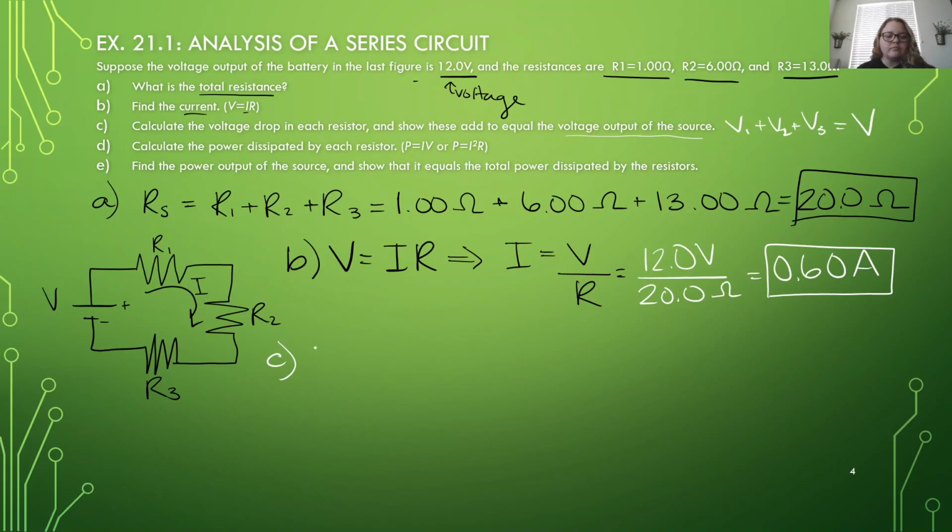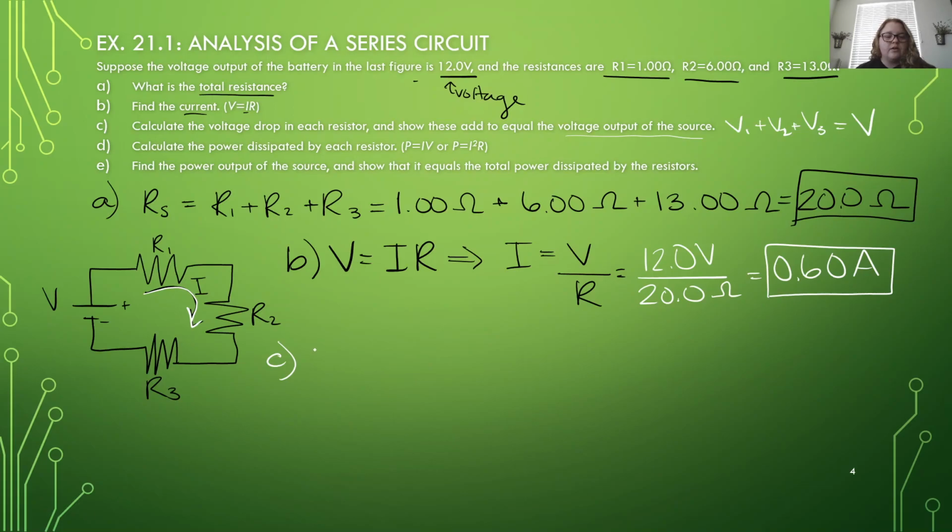So we have our resistance, we have our current. Our current will be the same throughout the entire system here, our entire circuit.